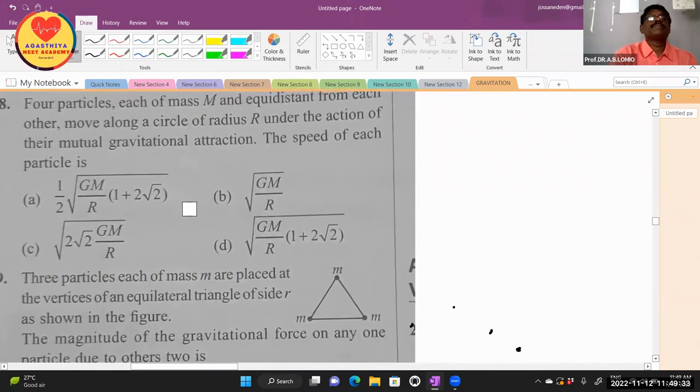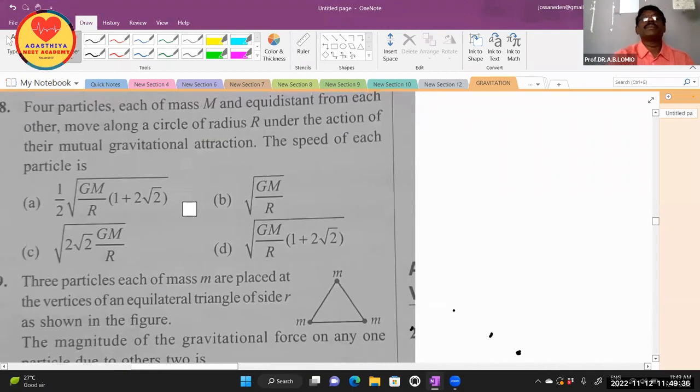Four particles, each of mass m and at equal distance from each other, move along a circle of radius r under the action of their mutual gravitational attraction.